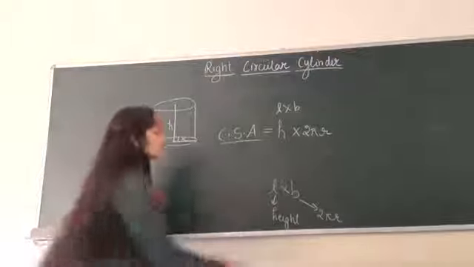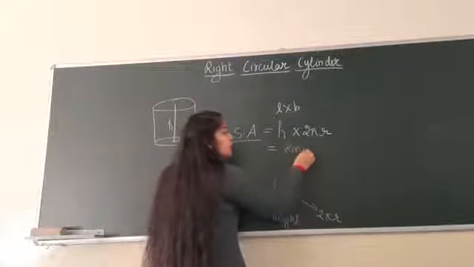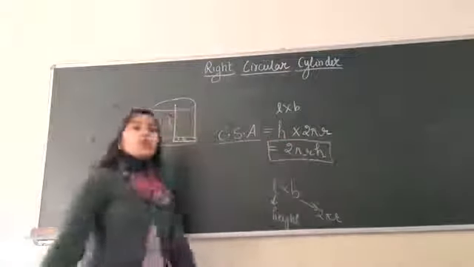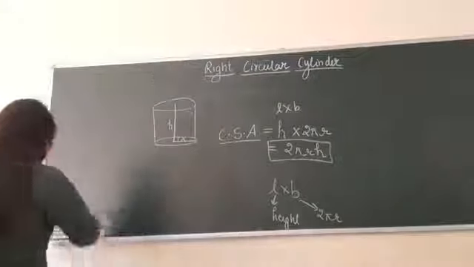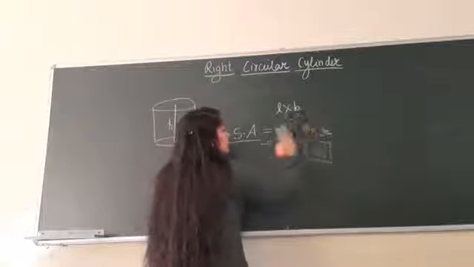Clear? So the curved surface area we write as 2 pi r h. This is the formula for your curved surface area. Is it clear? Yes, ma'am. I hope now you have no problem in the formula of curved surface area.